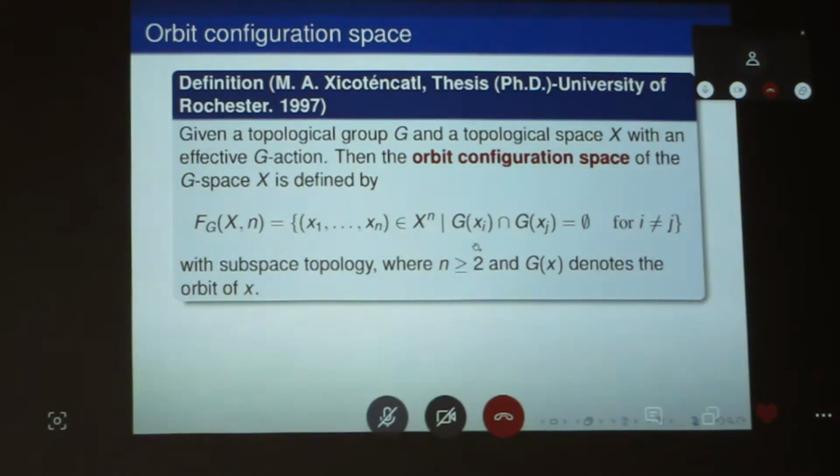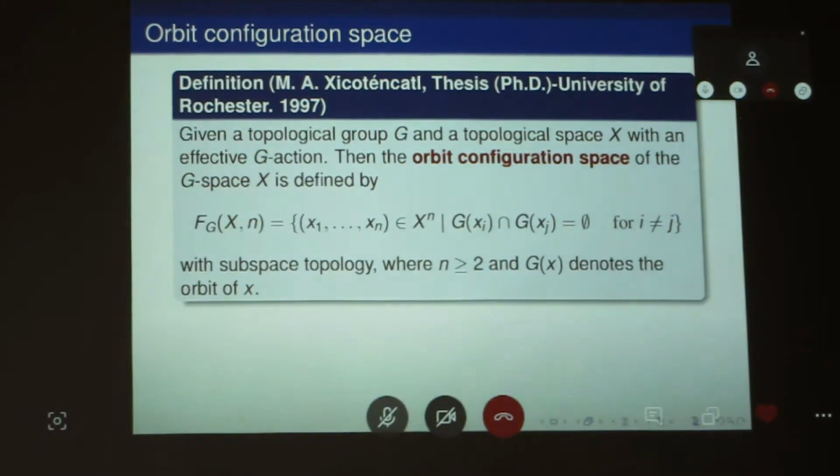In the classical case, all the coordinates are distinct, but here we need the orbits of the coordinates to be distinct. This is the definition of the orbit configuration space.